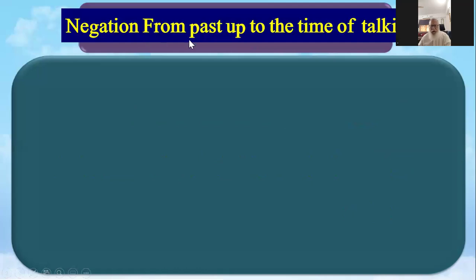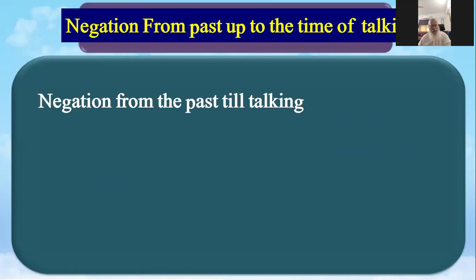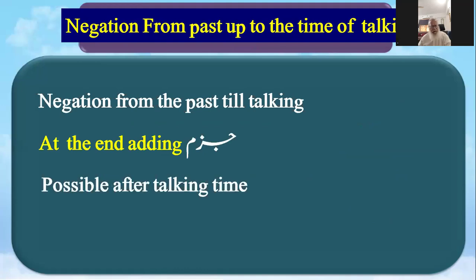Now for negation from the past up to the time of talking, we use the word lamma, adding the jazm at the end. What is the difference between lam and lamma? When lam is used, it means that thing has not happened in the past, and will not happen in future; it has a closure.